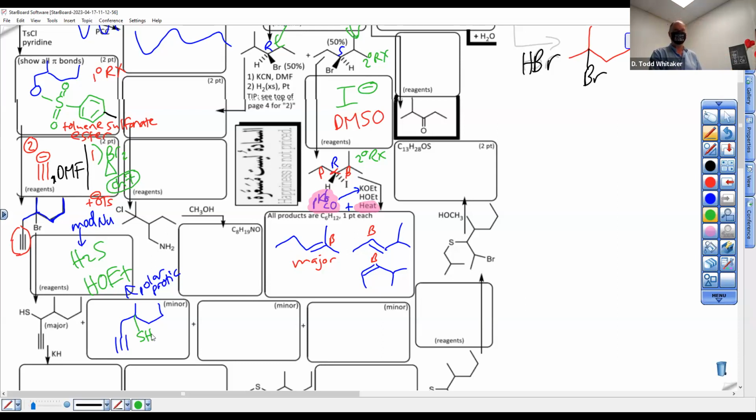What new functionality do you have for E1? Pi. So instead of the sulfur ending up there, you get pi, here for major, or well, of the two, I like the first one better. Because you can do elimination from this alpha position or the new alpha position, which is right over here.